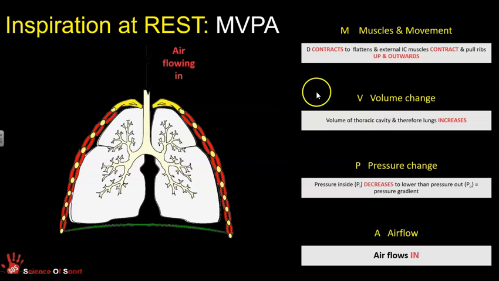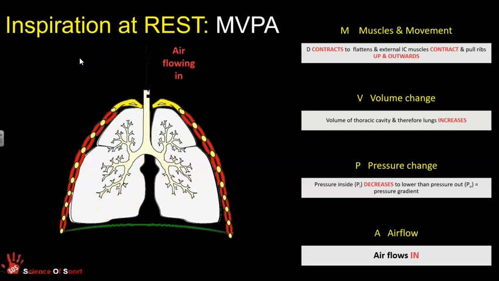Boyle's law says if the volume goes up, pressure will do the opposite. So pressure inside the lungs is relatively small compared to the atmospheric pressure. So we've got a higher atmospheric pressure outside and a lower alveolar pressure inside.